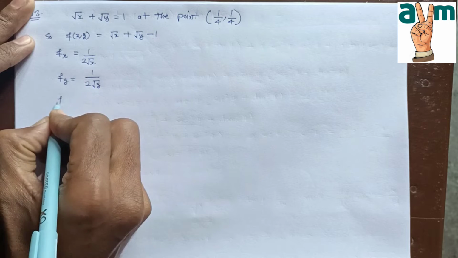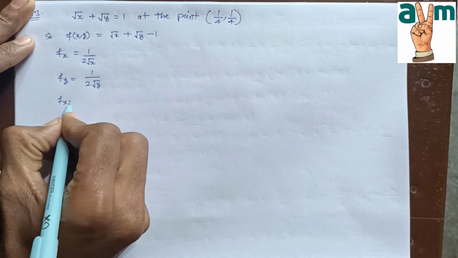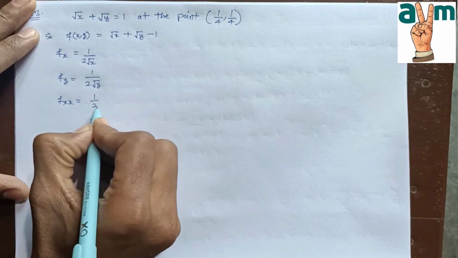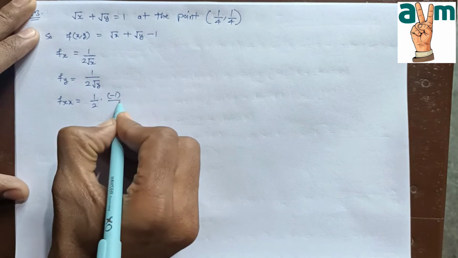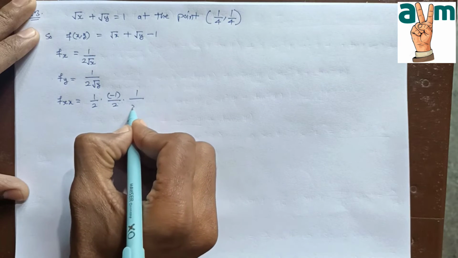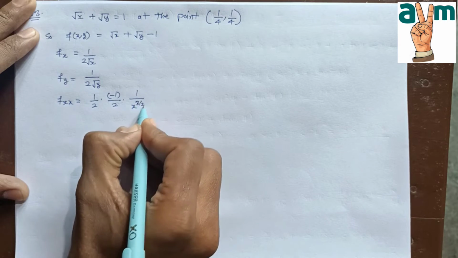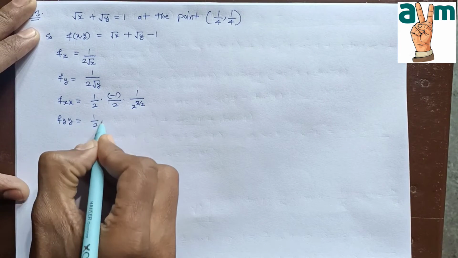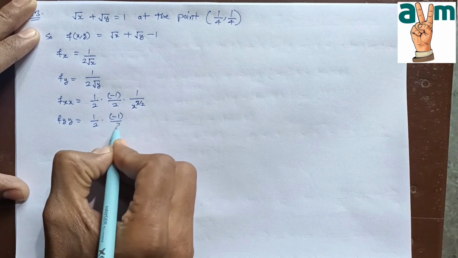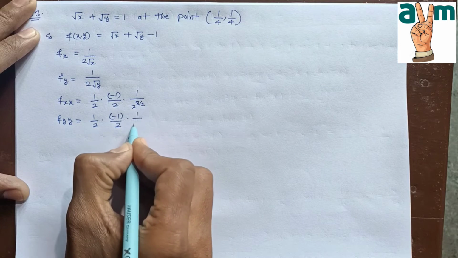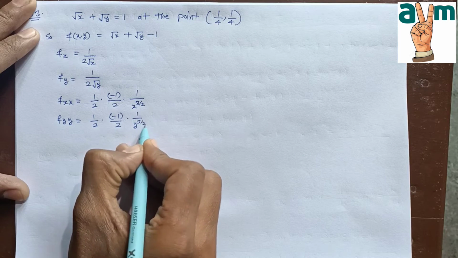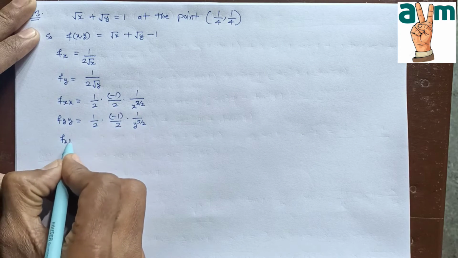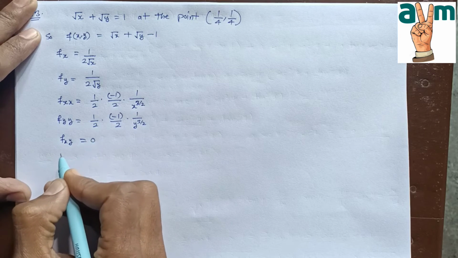The derivative of fx again with respect to x, the double derivative fxx, is 1 upon 2 into minus 1 upon 2 into 1 upon x to the power 3 by 2. fyy is equal to 1 upon 2 into minus 1 upon 2 into 1 upon y to the power 3 by 2. And the derivative of this with respect to the other variable is 0.